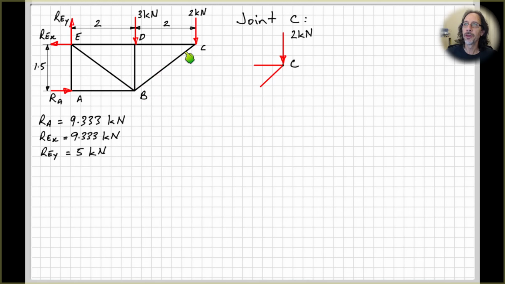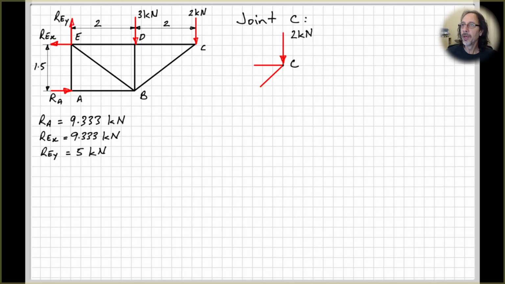So therefore we know that the force acting on each end of the truss member must be directed along the line of the truss. And the forces that we're showing here on our free body diagram of the joint, these are the forces that the truss member exerts on the joint. And equal and opposite to these are the forces that the joint exerts on the truss member.